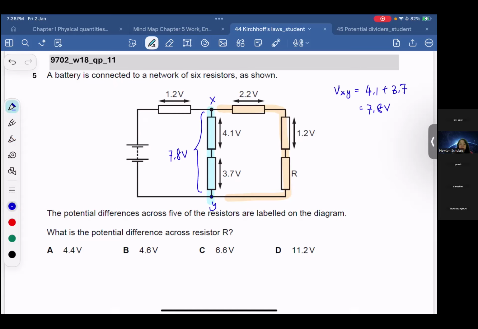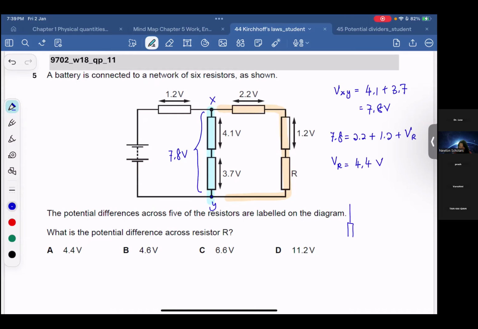Voltage should be the same as the 7.8 volt. So at here, the second loop, 7.8 equals 2.2 plus 1.2 plus voltage across R. So your voltage across R should be 4.4 volt.